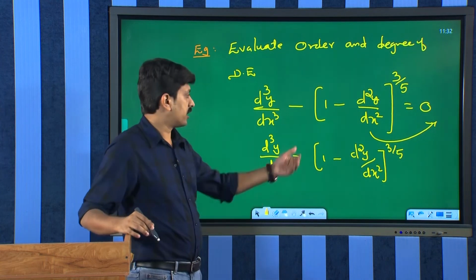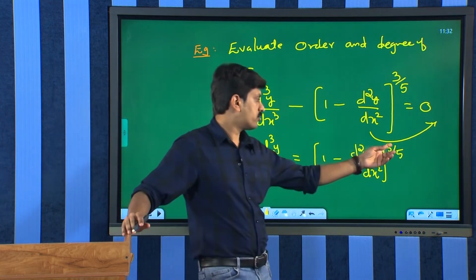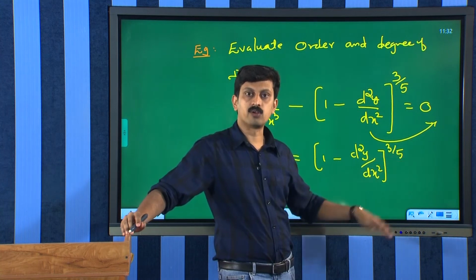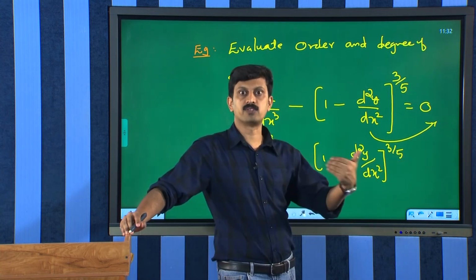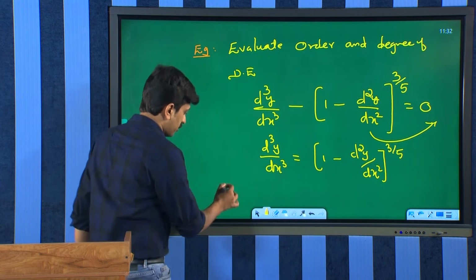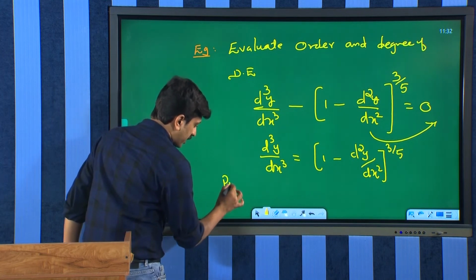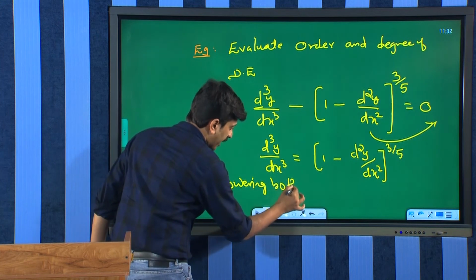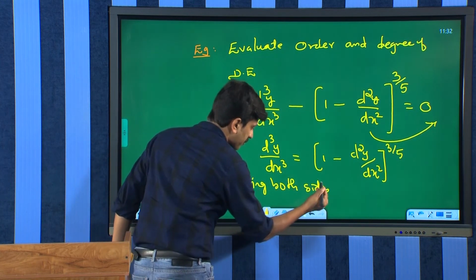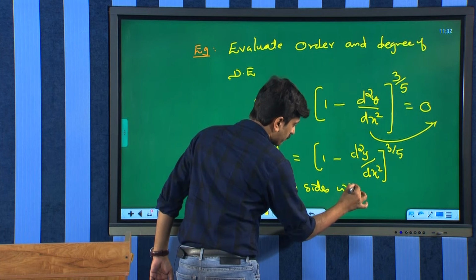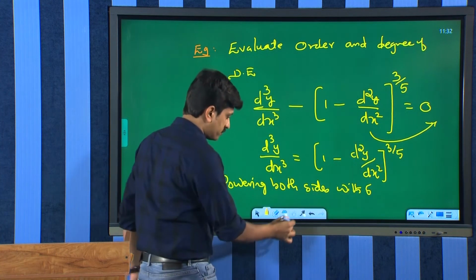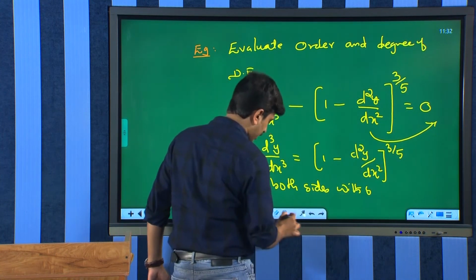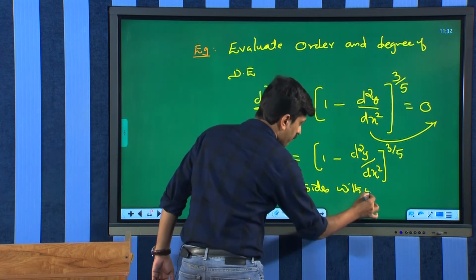Now we have to remove the 1/5 from here, so we raise both sides to the power 5.